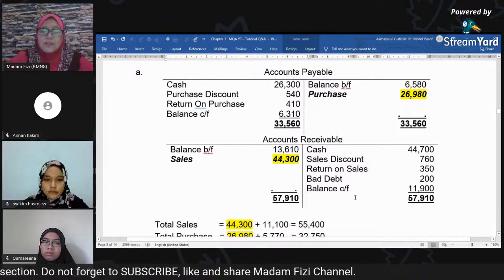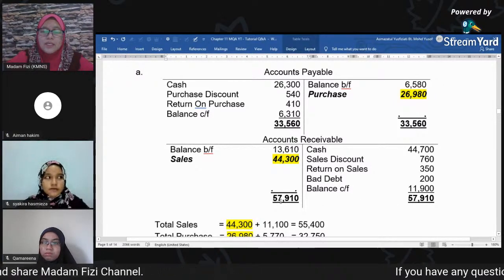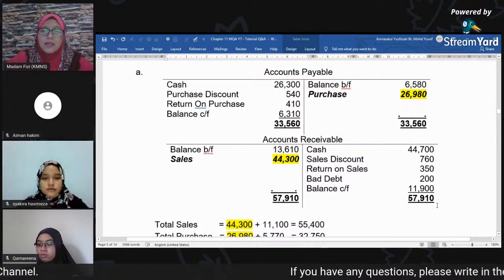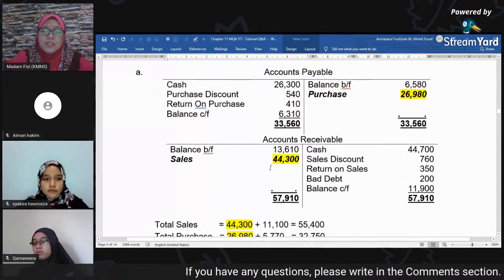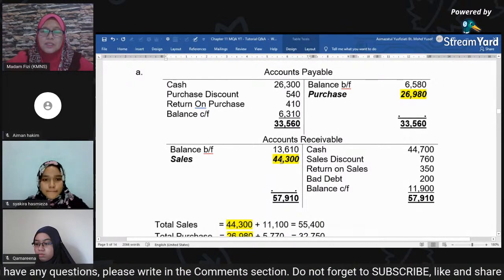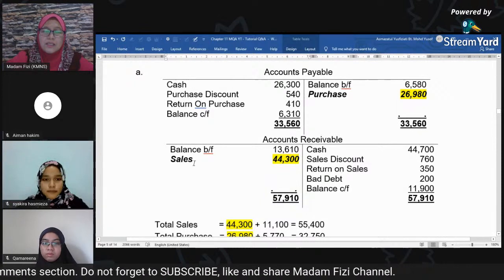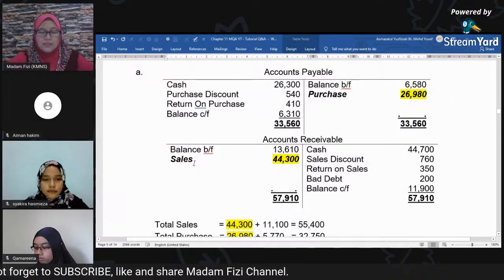Okay, and then you balance the left and right. That is 57,910. And then you get the missing figure is 44,300. So this figure is sales. It means that it is a credit sales.